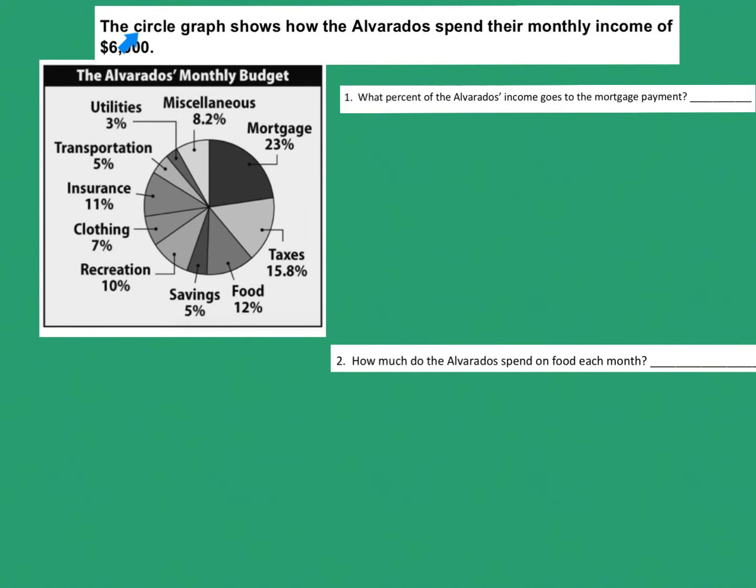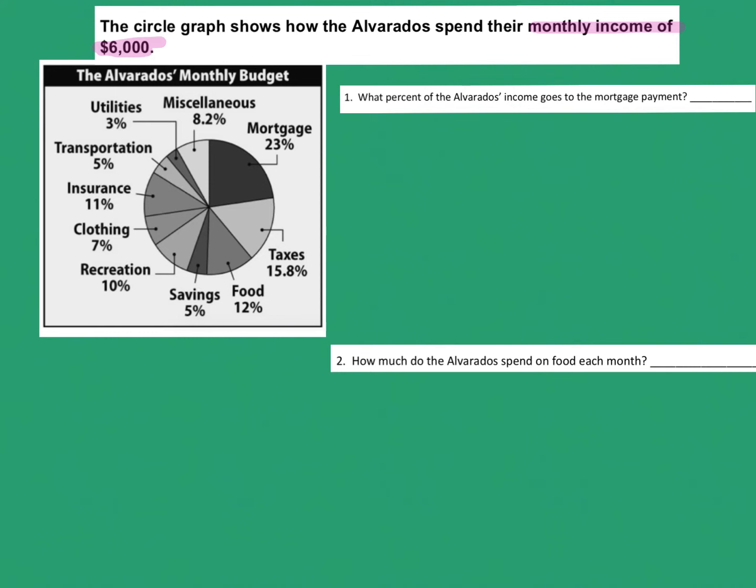Another really important piece of information is up here at the top. We need to know their total amount of money in order to answer these questions. Their monthly income is $6,000. When I add all of these things up, I get 100%, but their money, 100% of it, is $6,000.